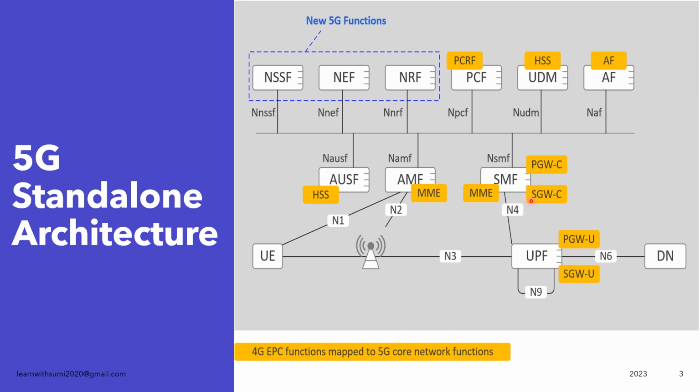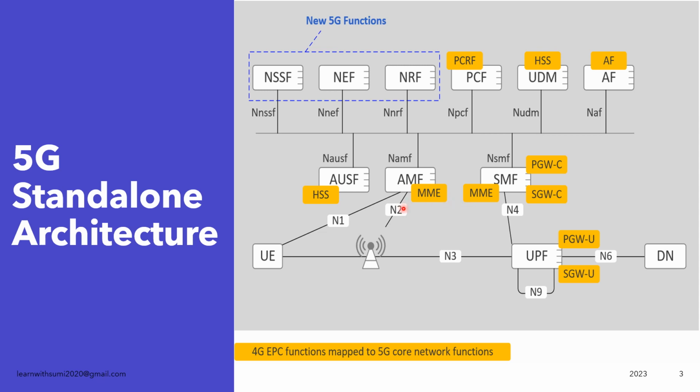So when we talk about the 5G standalone architecture, this refers to a 5G setup where the entire core network is entirely based on the 5G standards and protocols. And there is no reliance on 4G LTE infrastructure for any network operations, unlike the non-standalone architecture, which combines 5G NR with the existing 4G LTE infrastructure.